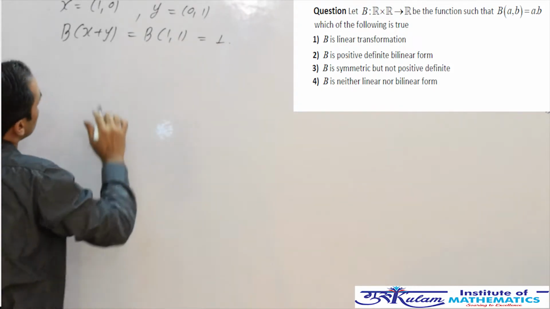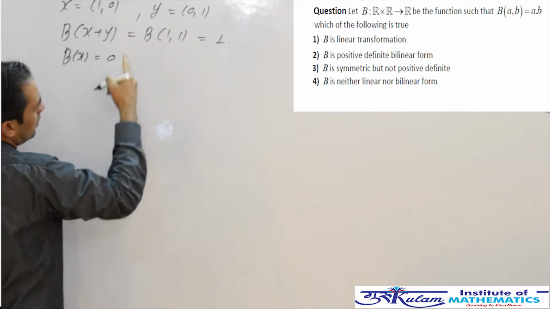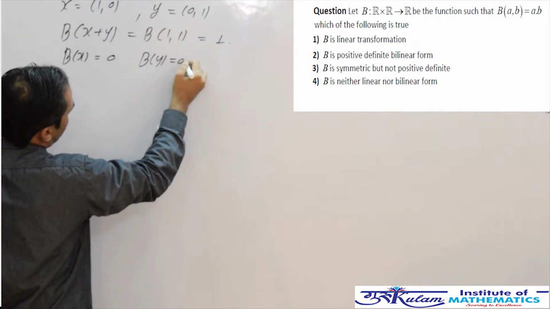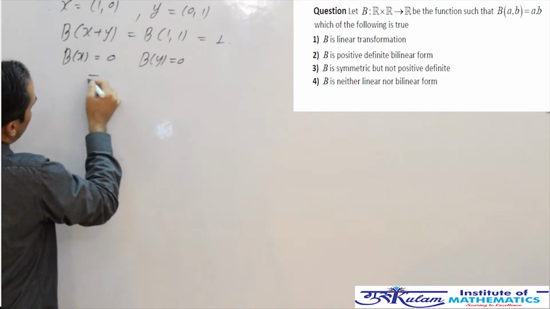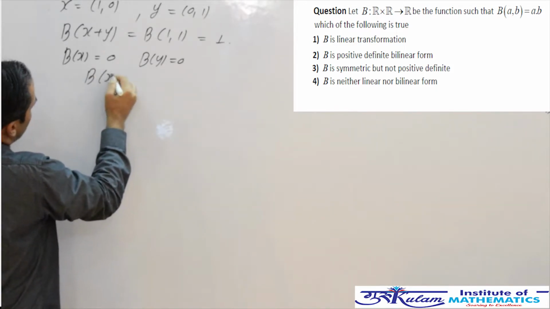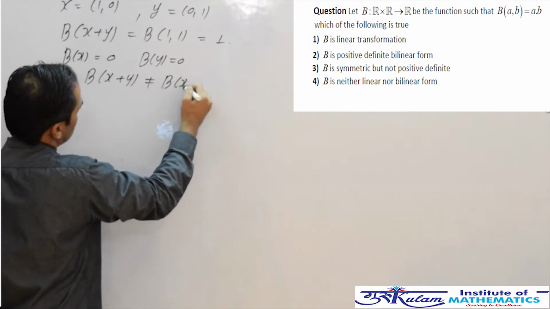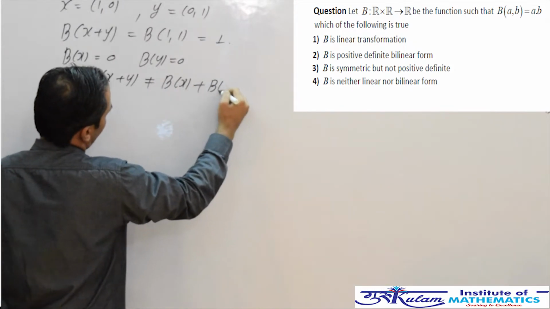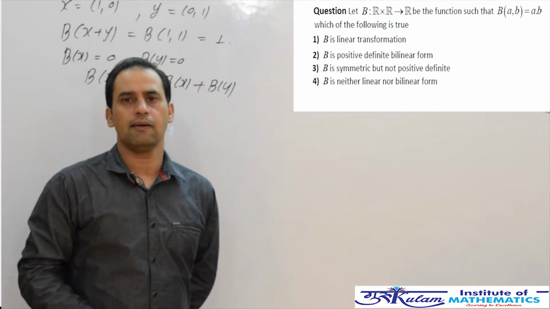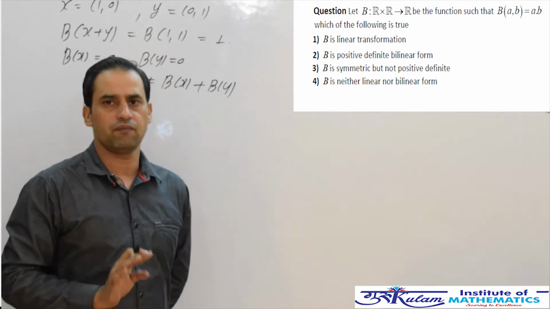Similarly B of x is 0 and B of y is 0. So B of x plus y is not equal to B of x plus B of y. Hence this mapping is not a linear transformation. So your first option is definitely false.